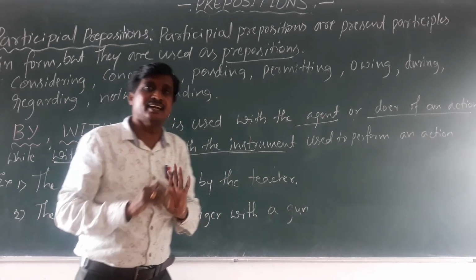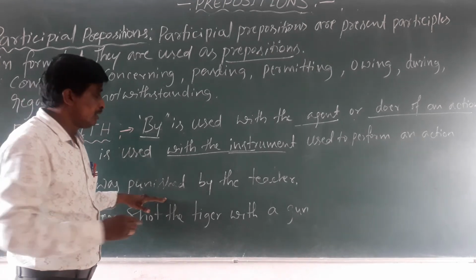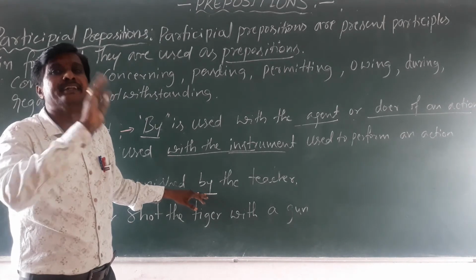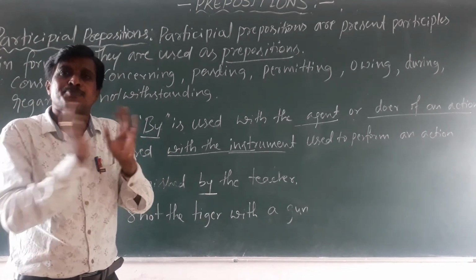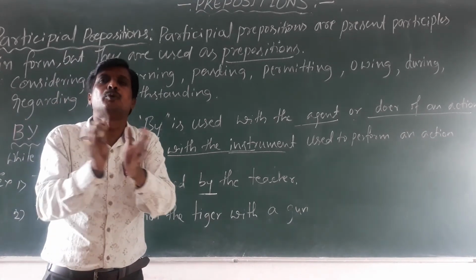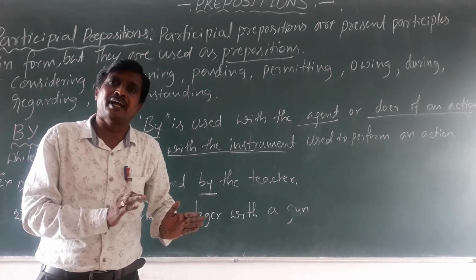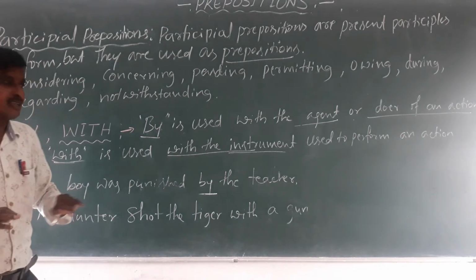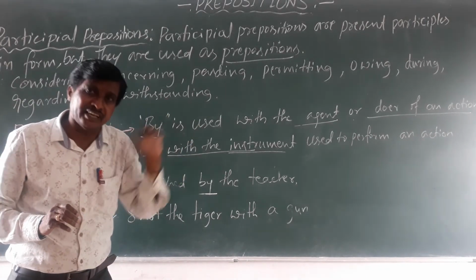Understand? I will give you an example and only then you can understand. The boy was punished by the teacher. The culprit was punished by the policeman. Like this, by is used with an agent or doer of an action.